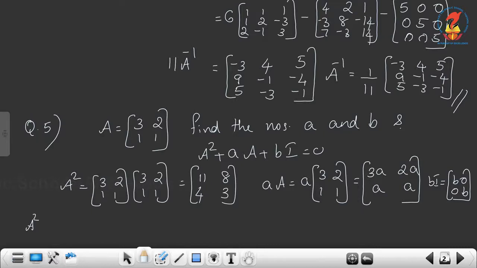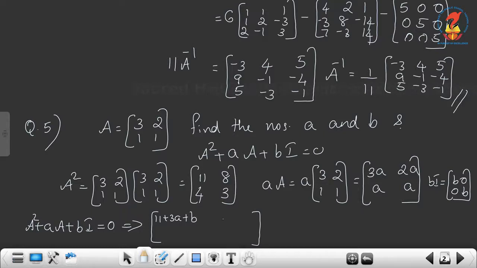Now A square plus aA plus bI is equal to 0 implies, all these are 2 by 2 matrices, so just add the corresponding elements. 11 plus 3a plus b is the first element.